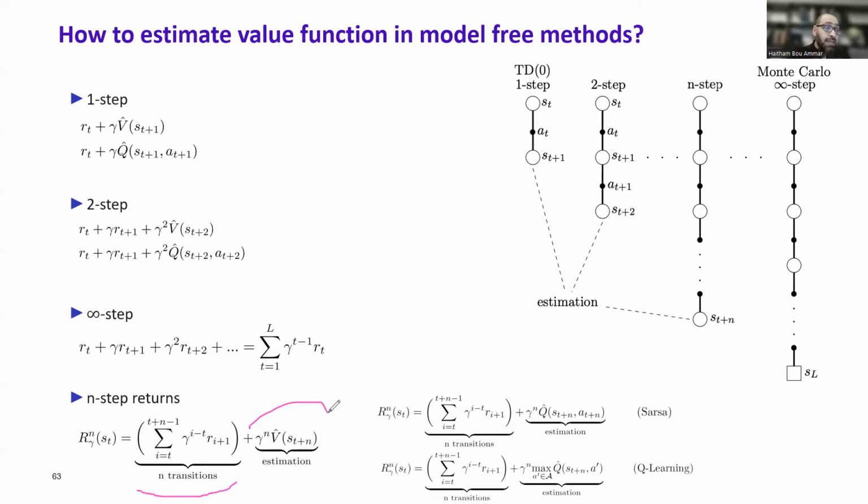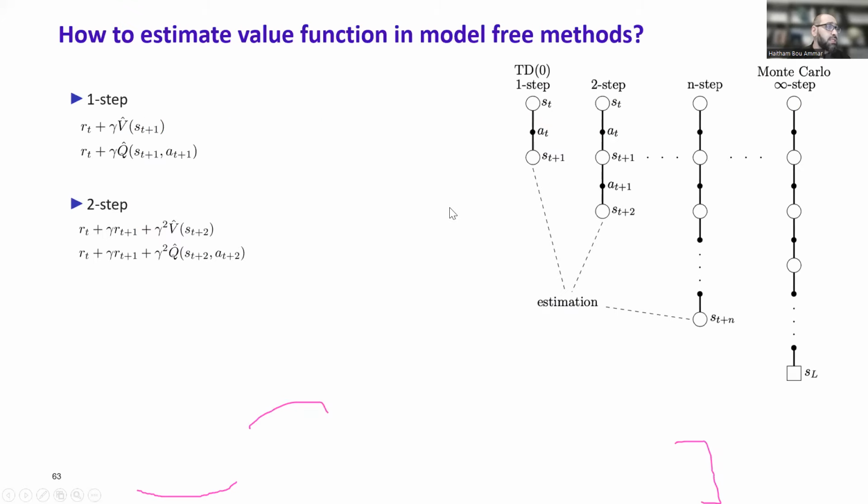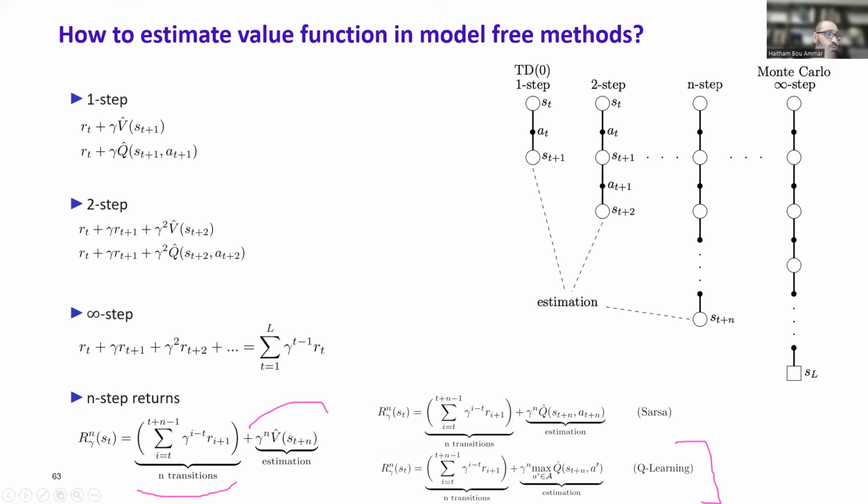Okay. Now, if we were doing Q-learning, the way we could compute the return, well, if you remember our equation of Q-learning, Q-learning would have said R_t plus gamma max, right? And this is just Q-learning of 0. Now, Q-learning of n steps into the future, what we would need is to observe n transitions. So this term and this term are the same, and this will be just the sum of the rewards.